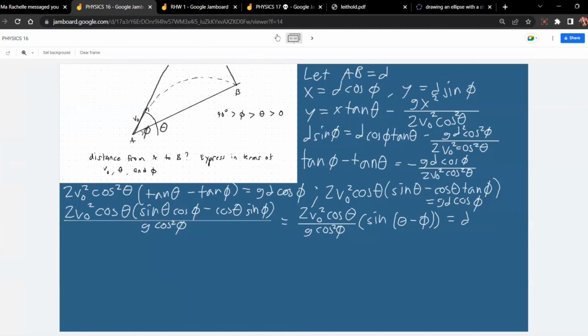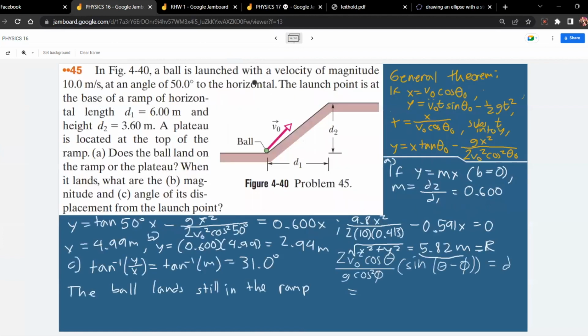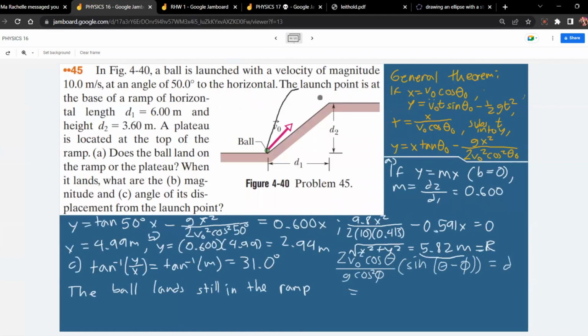Kasi kung i-apply natin yan dun sa problem, tangent inverse, kaya yung lumalabas na theta mo ay 30.96. Tapos yung phi, yan yung 50.